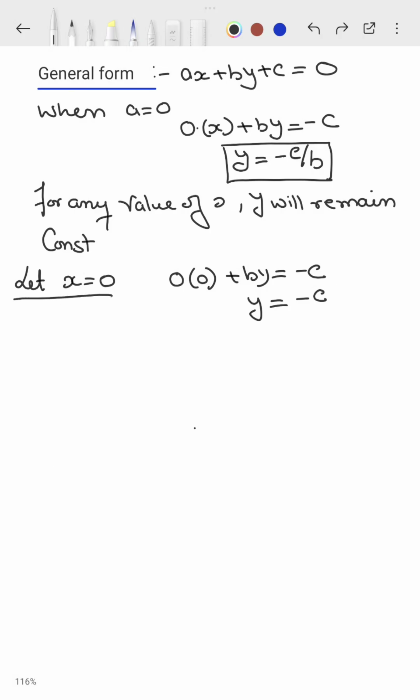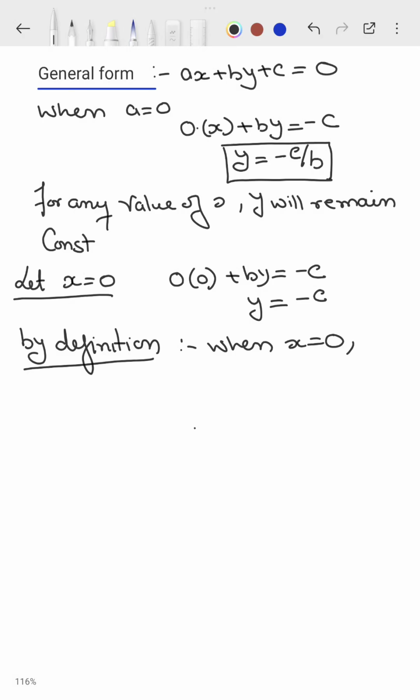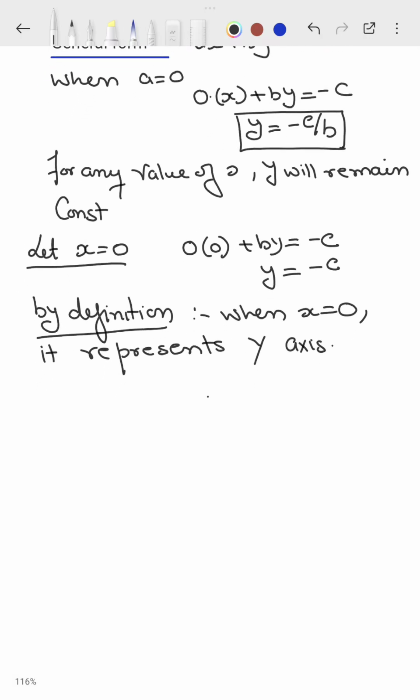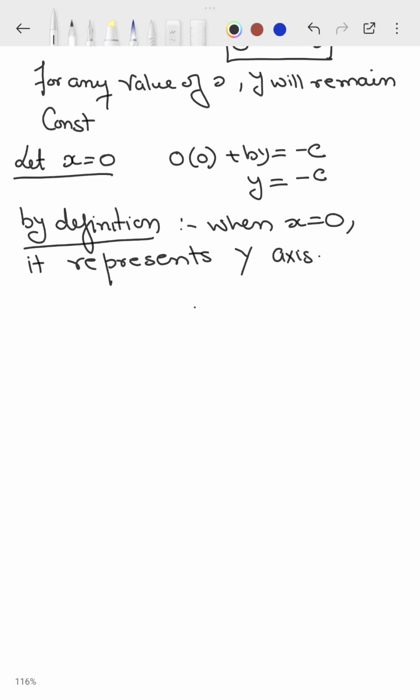So we know that by definition, when x is equal to 0, it represents the y-axis. So it can be shown with the help of a graph.